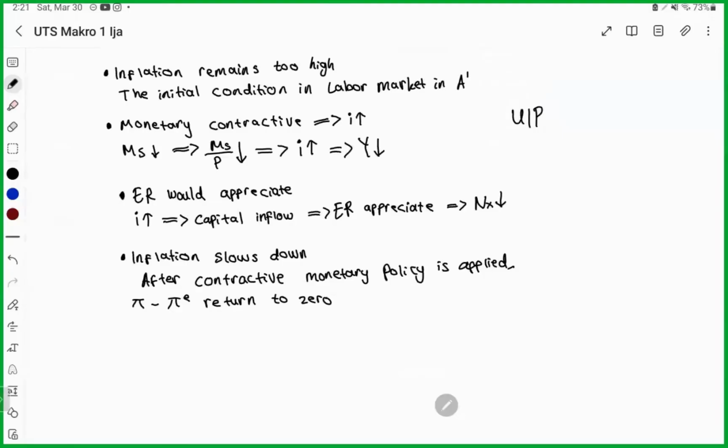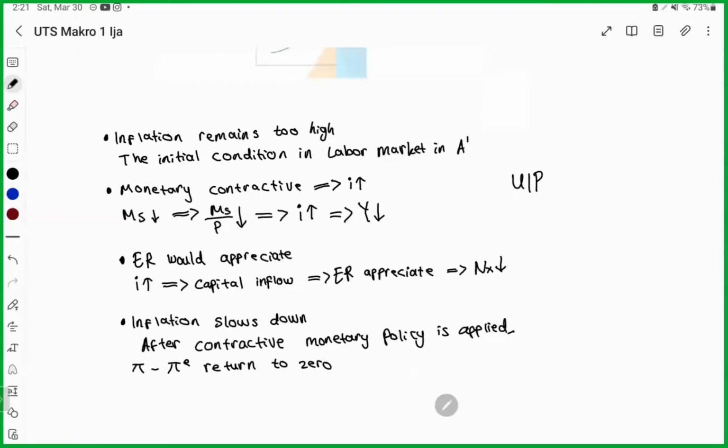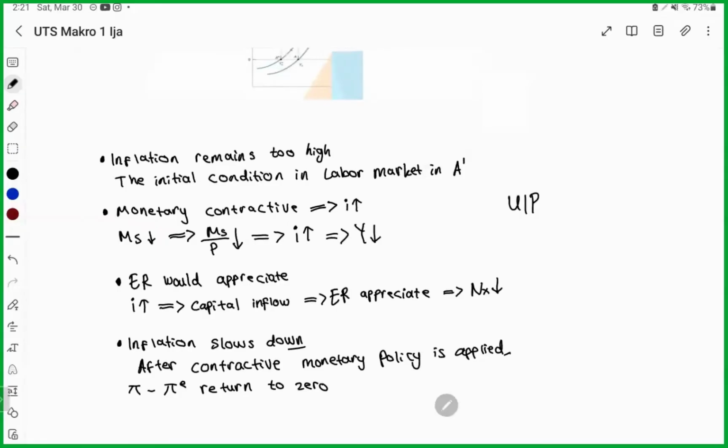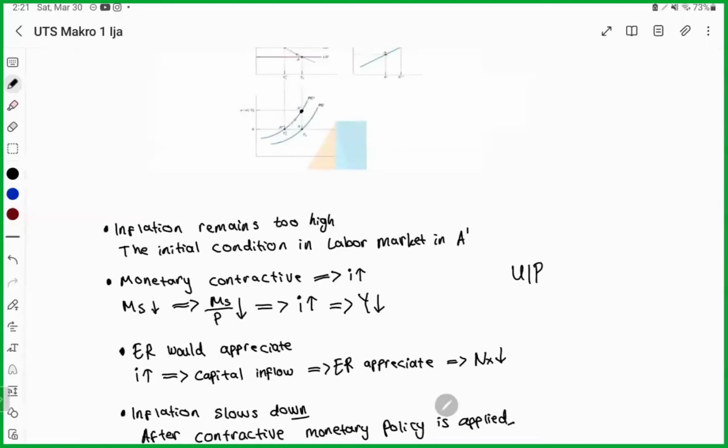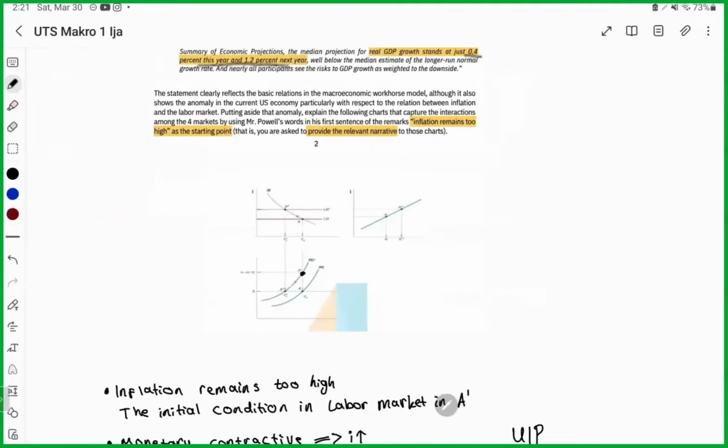And then in the labor market, the inflation will slow down. This is because after the contractive monetary policy is applied, the change in inflation, which is inflation minus expected inflation, returns to zero. So from here, after the contractive monetary policy, the inflation decreases.